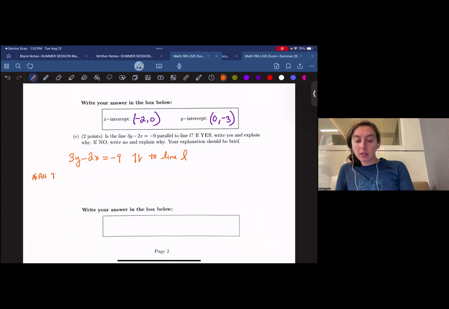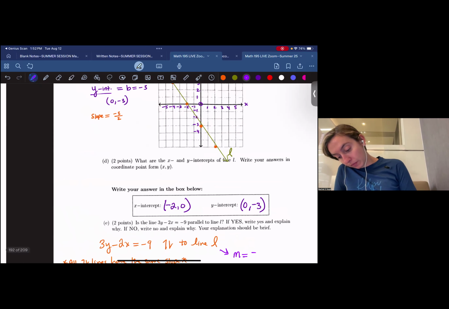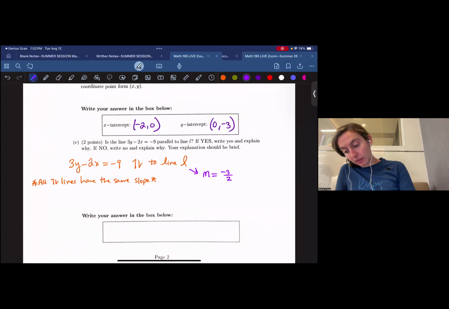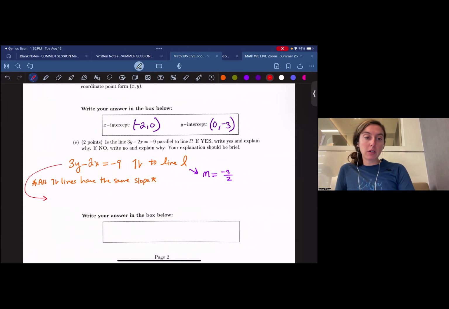All parallel lines have the same slope, which means line L, again, has a slope of -3/2. Let's put 3y minus 2x equals -9 into slope-intercept form and see if we get the same slope.